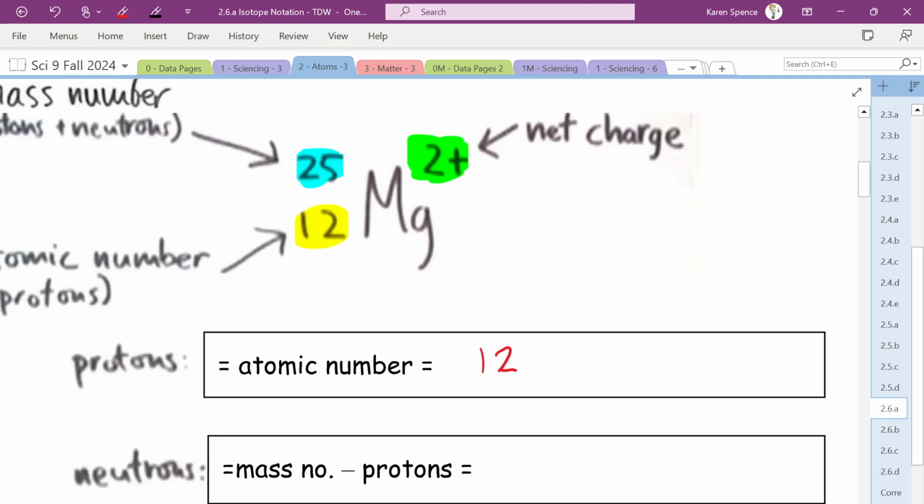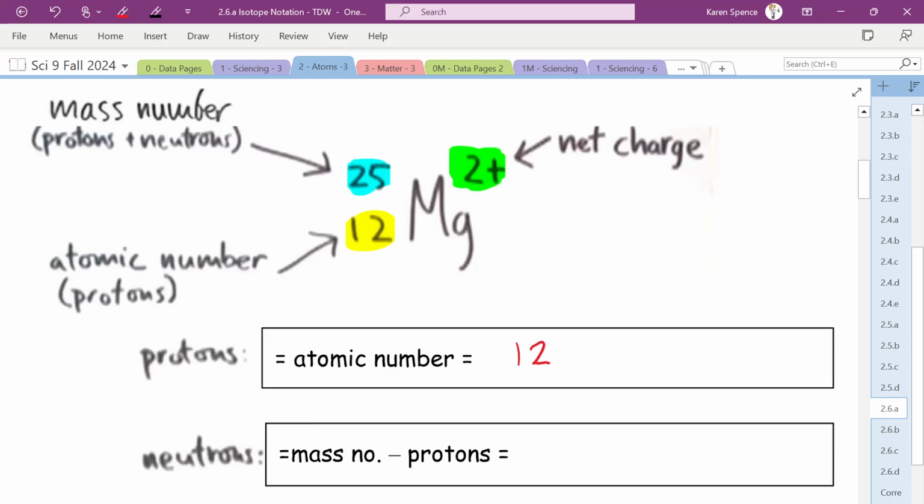How do you find neutrons? You take your mass number, which is here, and you subtract your proton number, which is there. Do you know what you get?